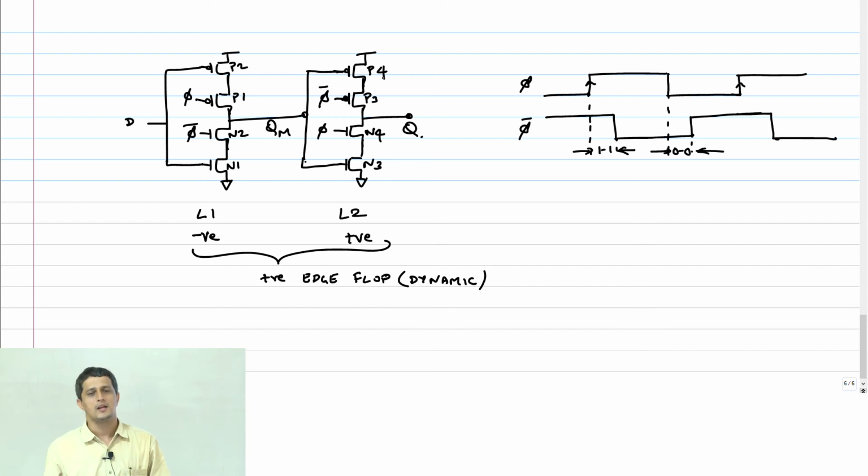In my 0-0 overlap condition, which transistors are off? Both phi and phi bar are 0. All the NMOS. So N2 and N4 are going to be off. These transistors are basically off.